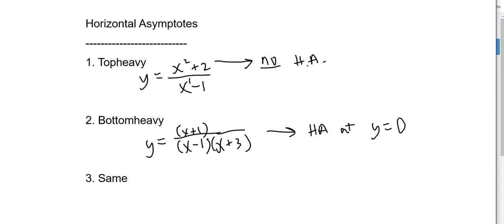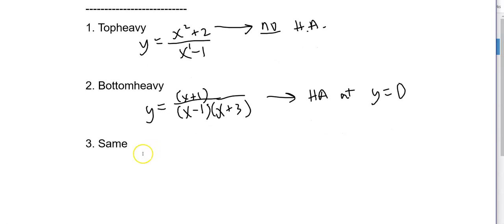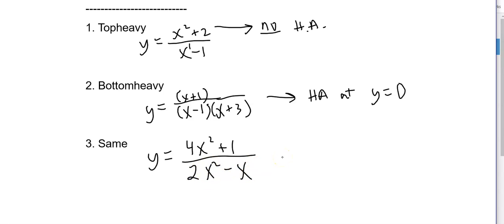And the third case, which is kind of an interesting case, is when it's the same degree. Let's say you had something like y equals 4x squared plus 1 over 2x squared minus x. So the degree on top is the same. When it's the same, there will be a horizontal asymptote at the ratio of the coefficients.